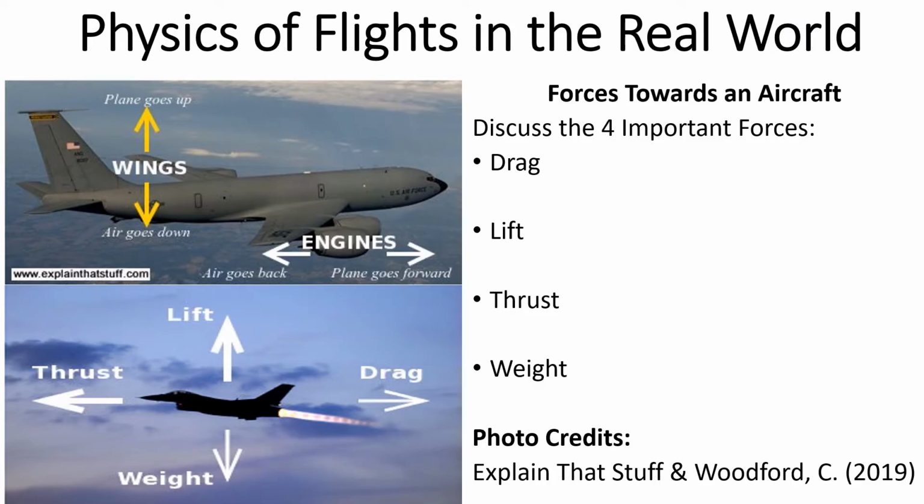When it comes to the physics of aircraft in the real world, there are four important forces to discuss: drag force, lift force, thrust force, and weight force. Drag goes the opposite of the airplane's movement and is given by air resistance.